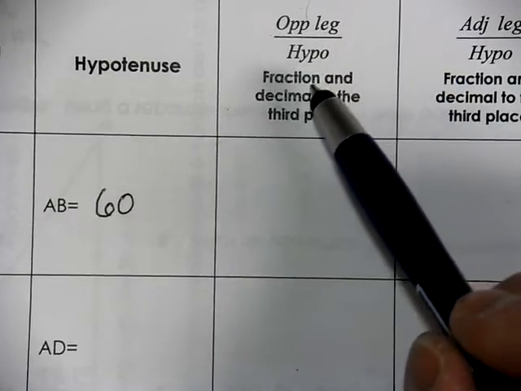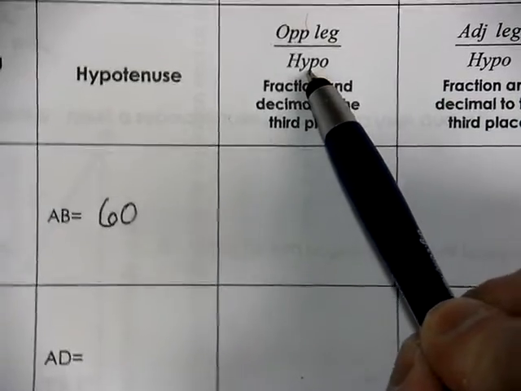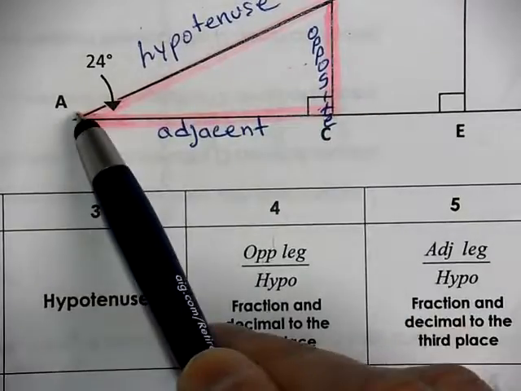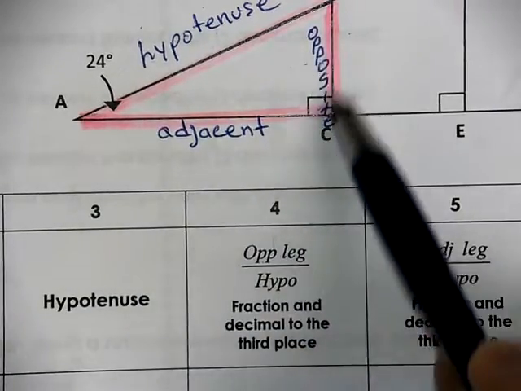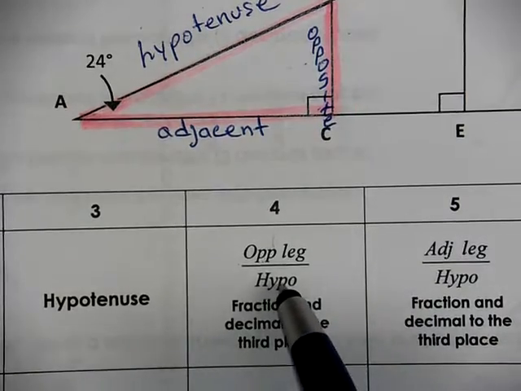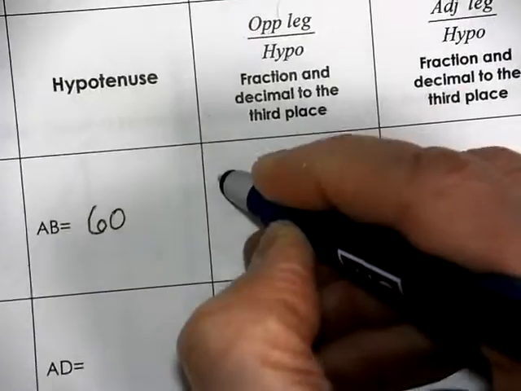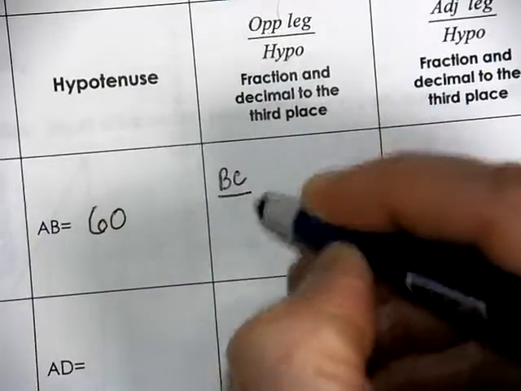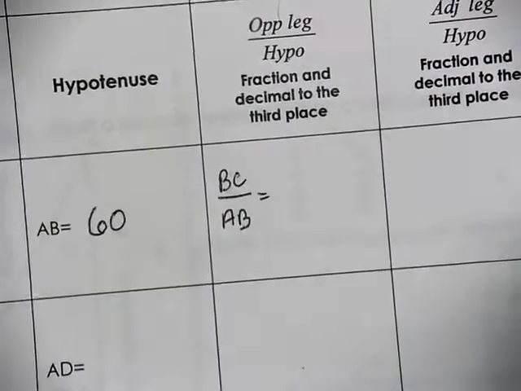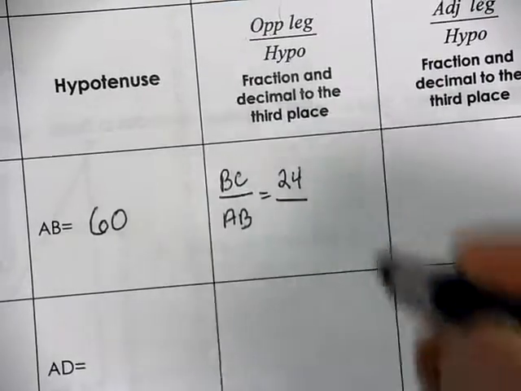Now we're going to start to do some ratios. We're going to look at the opposite leg over the hypotenuse. If we come back up to our triangle, we notice the opposite side of our angle A is BC, and the hypotenuse is the AB. So BC over AB. BC we calculated to be 24.